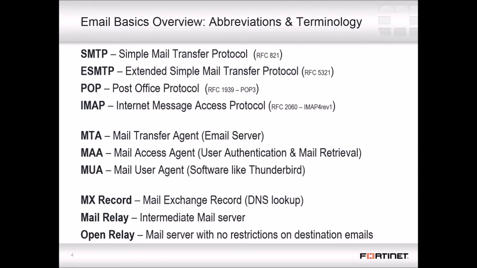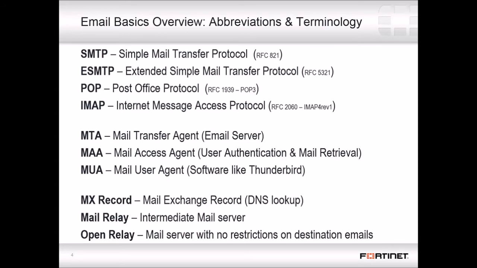MTA stands for Mail Transfer Agent. This is often referred to as the mail server. MAA stands for Mail Access Agent. This is on the user end and handles authentication and retrieval of emails. MUA is Mail User Agent. This is software like Thunderbird.